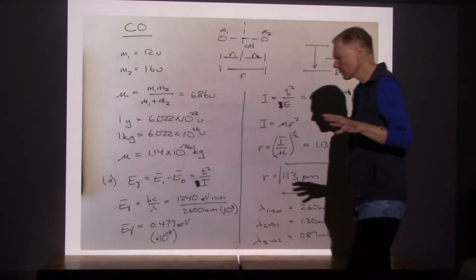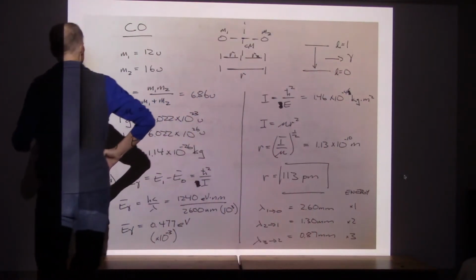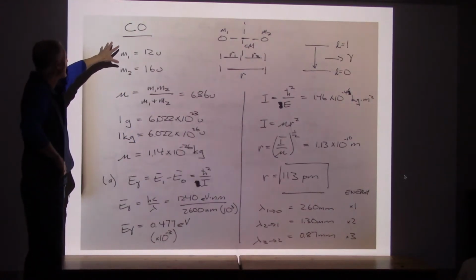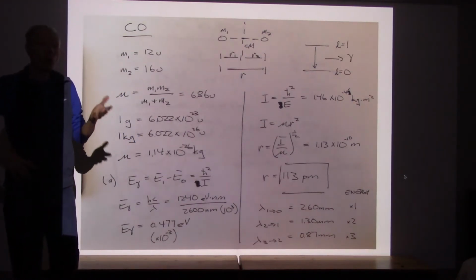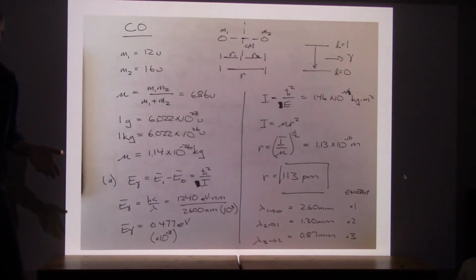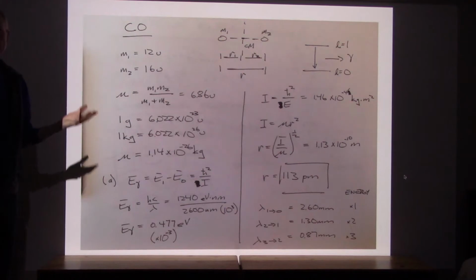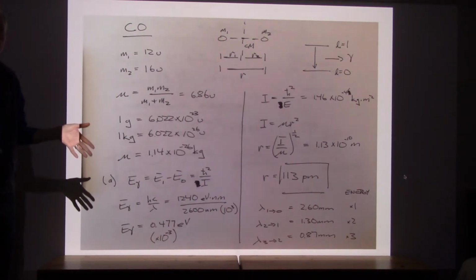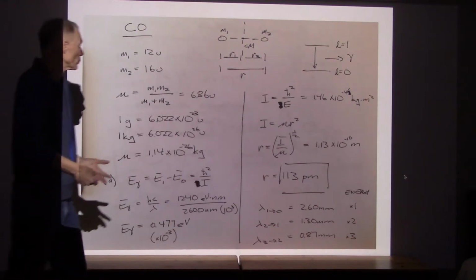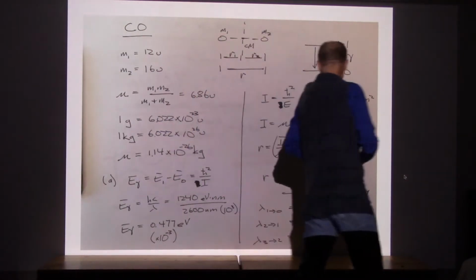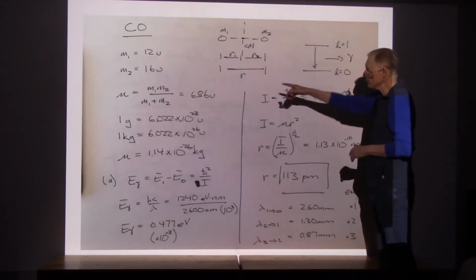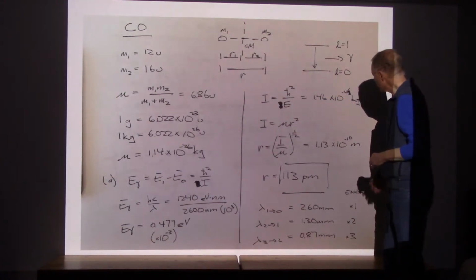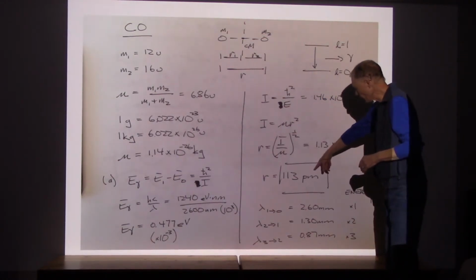And maybe some of you familiar with chemistry are aware that carbon monoxide has one of the strongest chemical bonds of all materials that we look at. It's considered to be a triple bond. It's got a fairly short bond length. It's a pretty stable molecule. All right, so that worked out. We were able to get the reduced mass, and we were able to figure out the bond length.